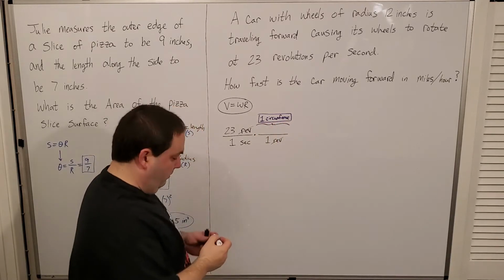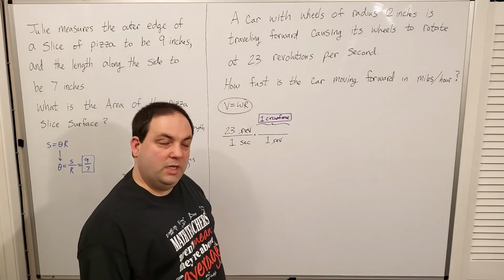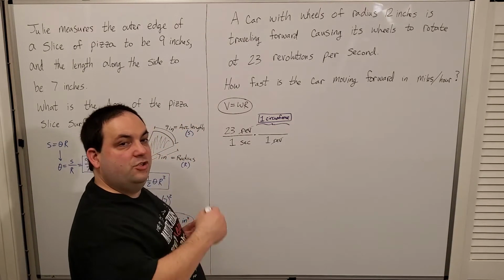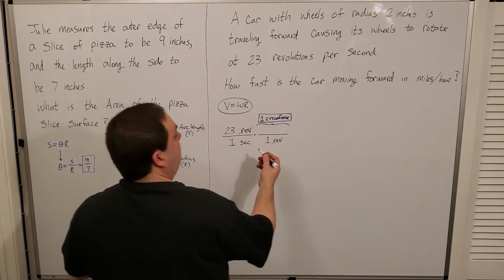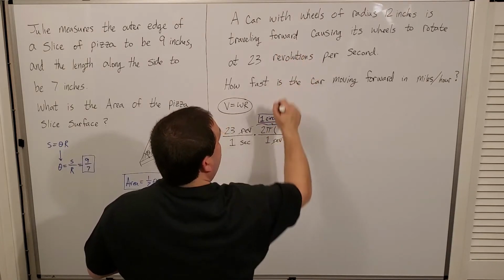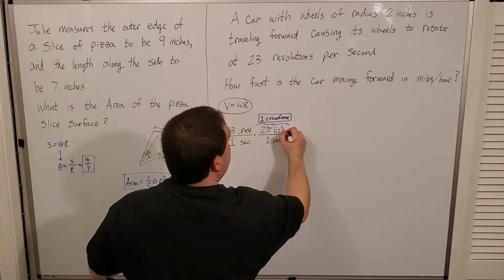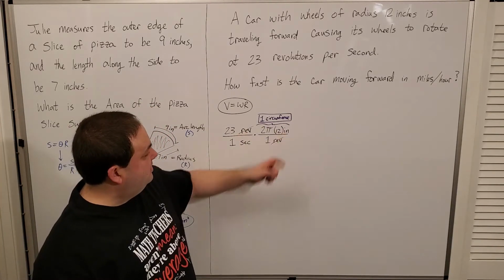Well, what would a circumference be if the wheel is, of course, perfectly round, which we're assuming it is? A circumference is 2 times pi times the radius. So 2 pi, and it said my radius was 12 inches. So I've just converted revolutions into inches.